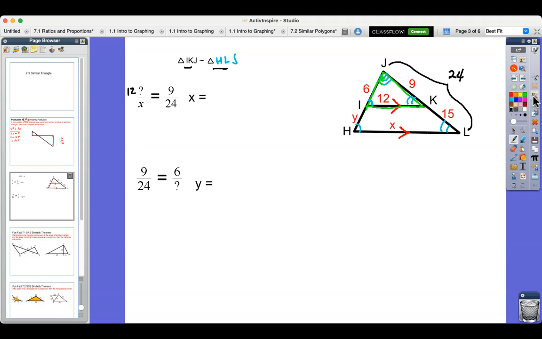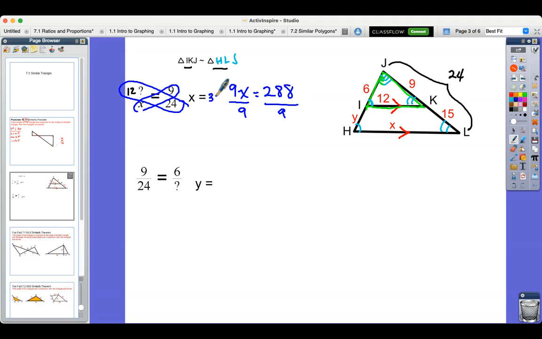Let's cross multiply. So x times 9 equals 12 times 24. x times 9 is 9x, and 12 times 24 is 288. So 9x equals 288. Now to solve for x, what do we do, y'all? Yes, we divide by 9.